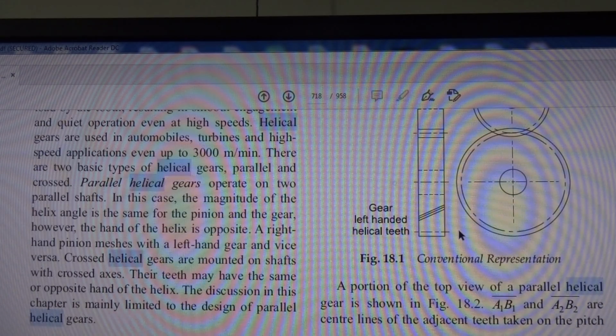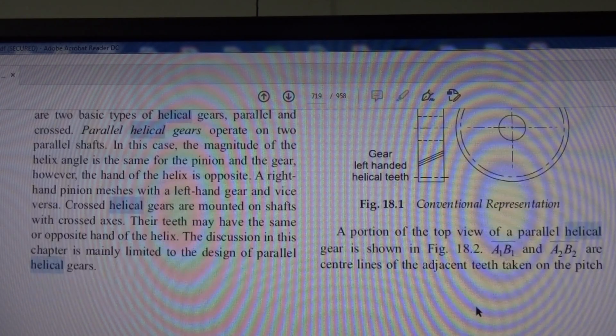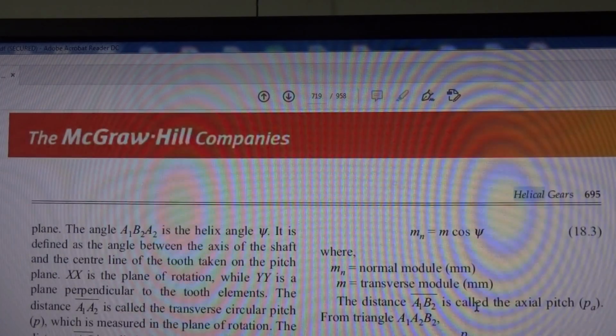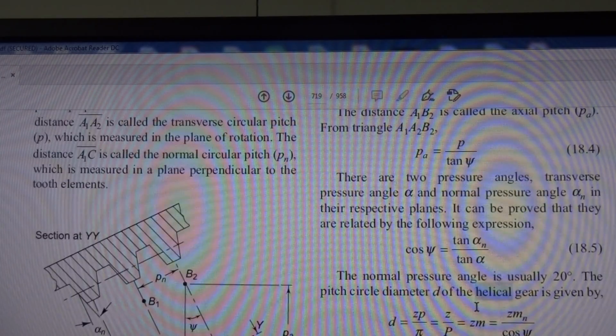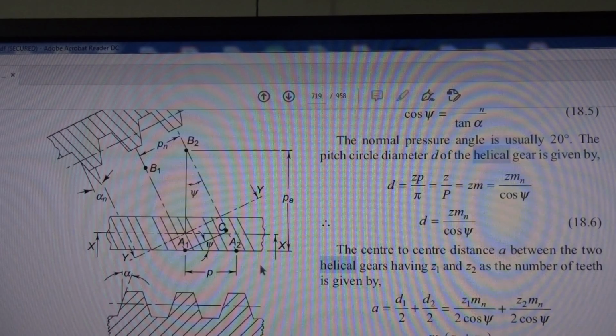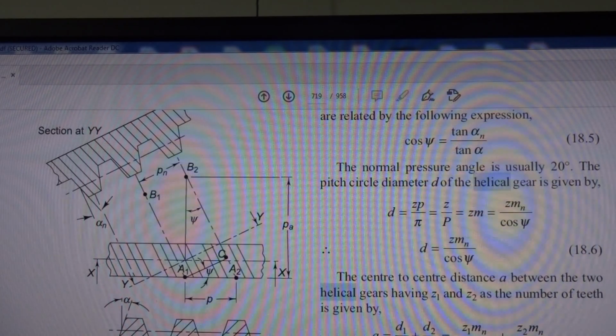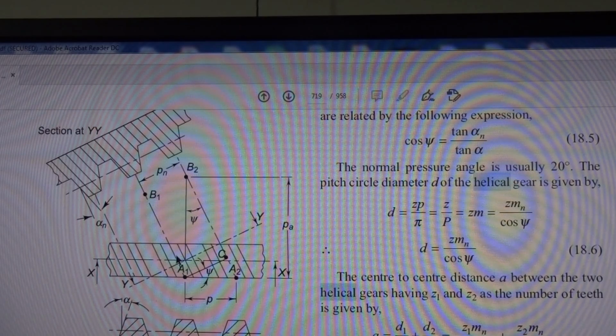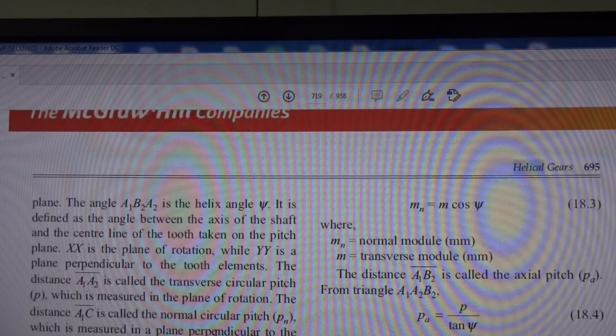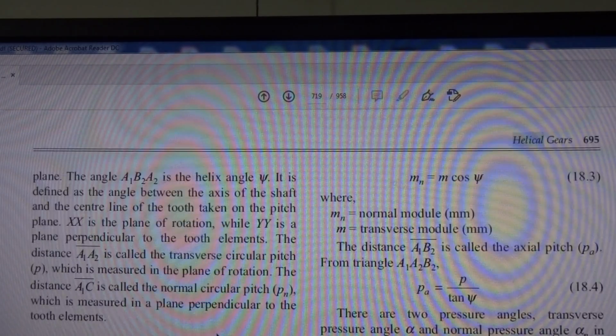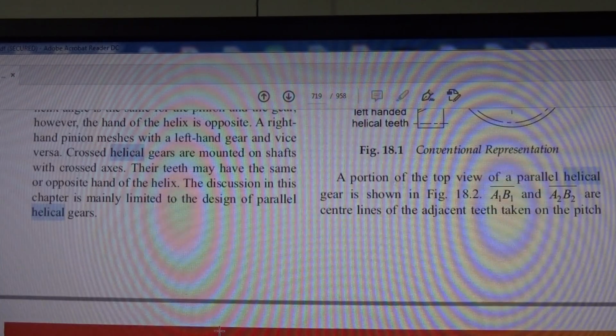The top view of the parallel helical gear is shown in the figure. This is the top view, and this is the sectional view.